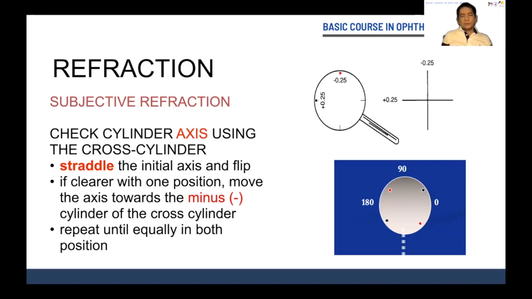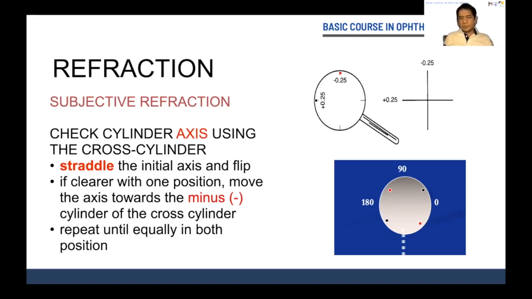In refinement with Jackson cross cylinder, you have to determine the axis first, before the power of the cylinder, and then the sphere. So remember, you have to check the correct axis first, followed by the cylindrical power, and then spherical adjustment if needed. Axis first, power next, last is the spherical component.